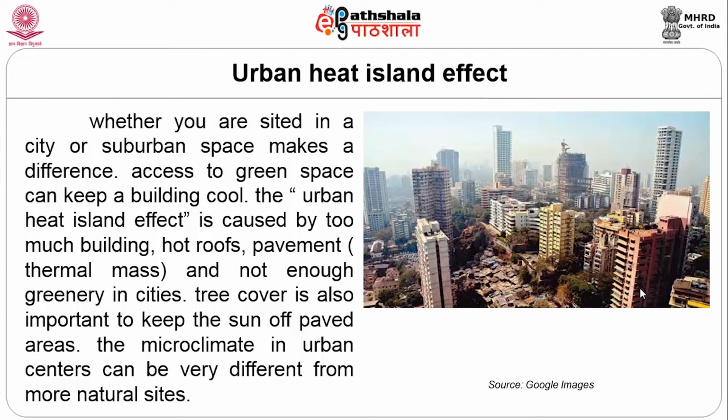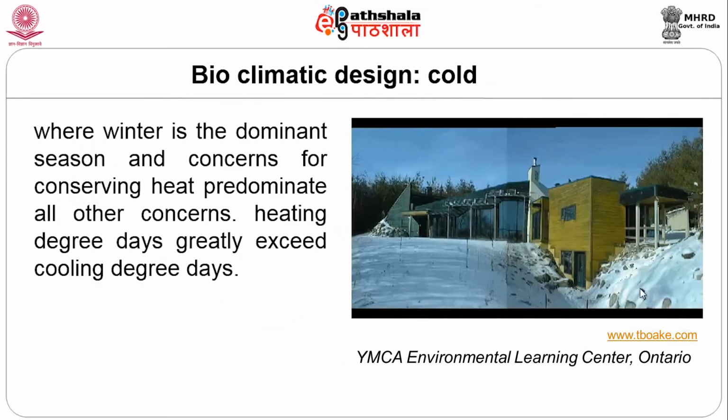The urban heat island effect is caused by too much building, hot roofs, and pavement, which increases the thermal mass, and not enough greenery in the cities. Tree cover plays a very crucial role because it keeps the sun off the paved areas. The microclimate in urban centers can be very different from natural sites.